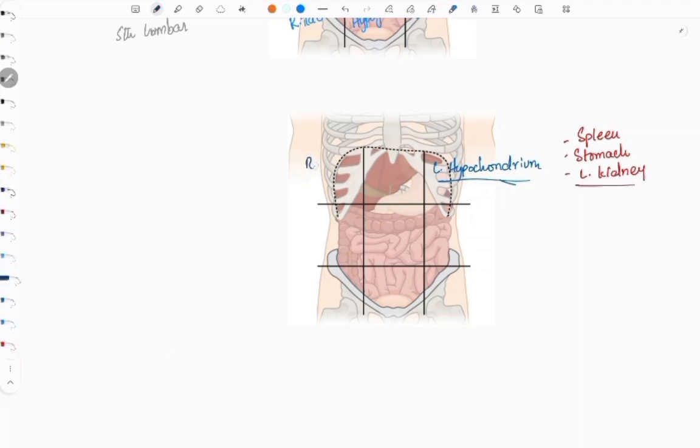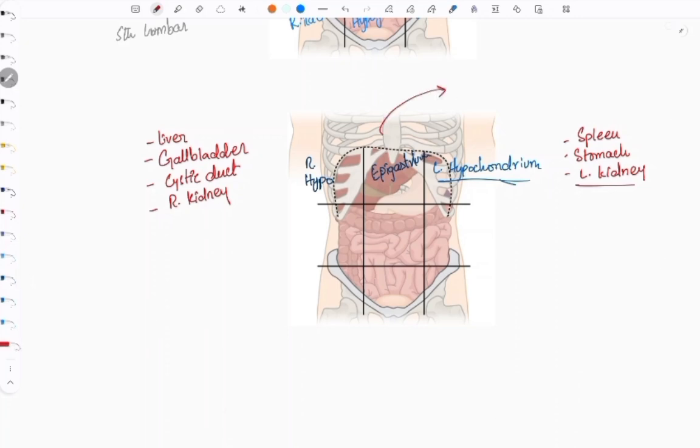Moving on to the right hypochondrium, the structures lying within it are liver, gallbladder, cystic duct, and right kidney. The structures lying within the epigastrium are stomach, liver, pancreas, and duodenum.